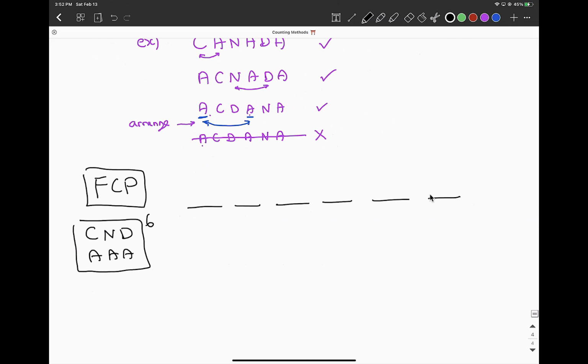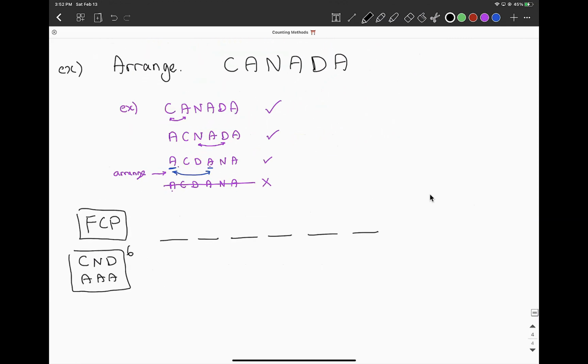Now, I'm not really putting any restrictions on this arrangement because I do want to just show the idea here. Now, how many things can be here? How many options are there right now? Now, we do have to honor this 6.